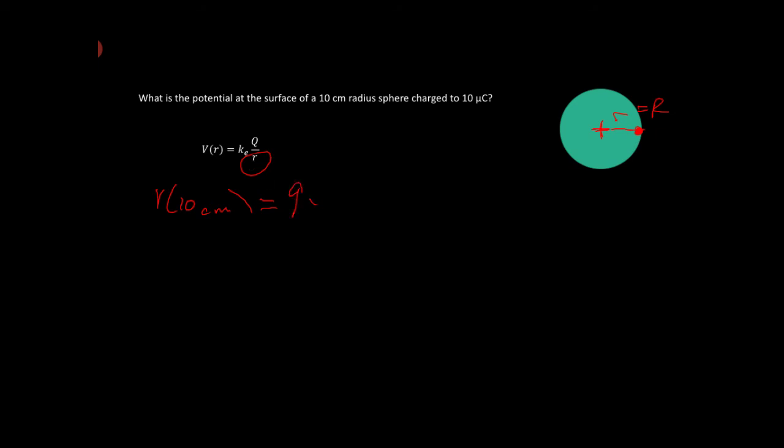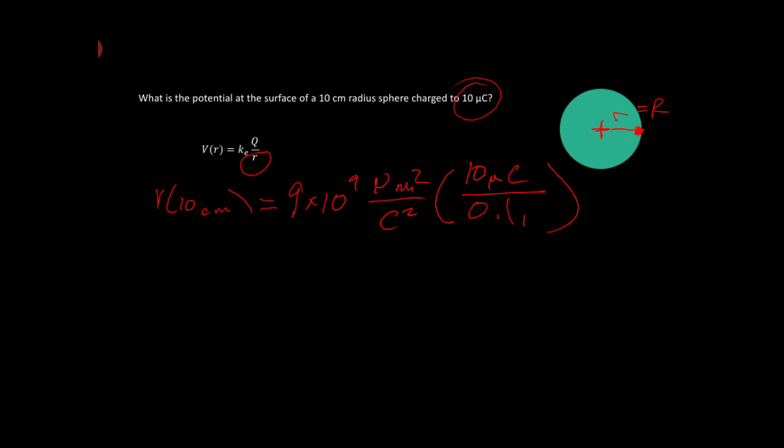KE, that's 9 times 10 to the 9th newton meters squared per coulomb squared. Q, I just said was 10 microcoulombs. R, I said was 10 centimeters, so 0.1 meters. All right, so that's 9 times 10 to the 9th.